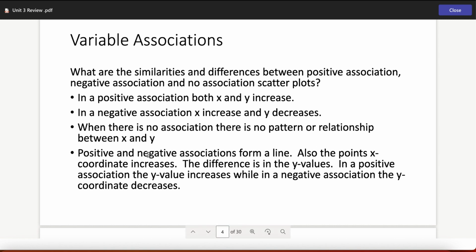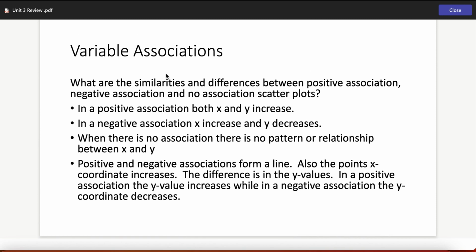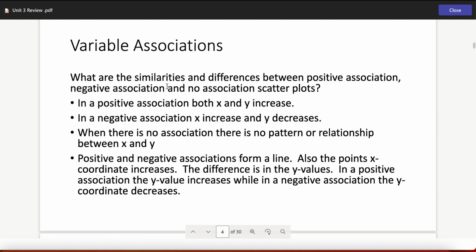So the x increases in both positive and negative association, and the differences are in the y values. So this is the variable associations we've gone over.